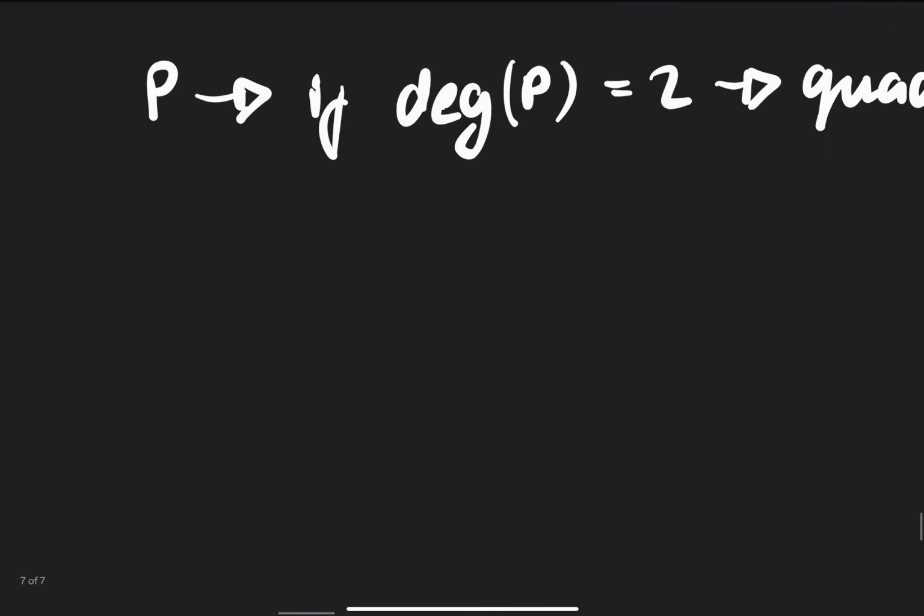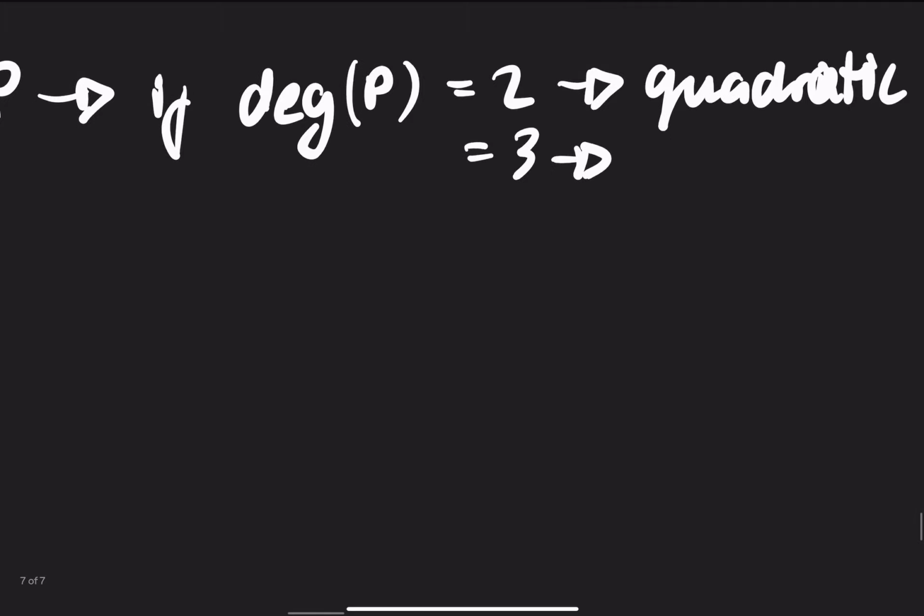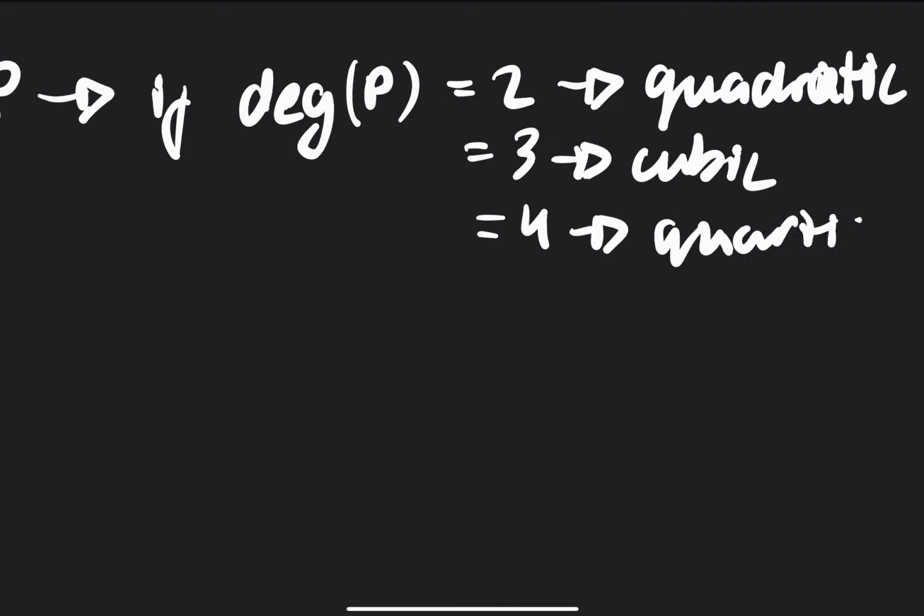If it's 3, it's a cubic. If it's 4, it's a quartic. If it's 5, I think it's called a quintic or something, but you don't really need to know it. So just knowing this stuff is good.